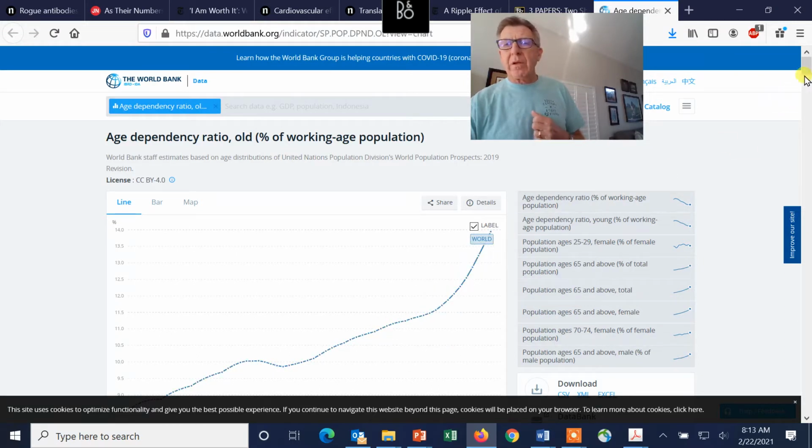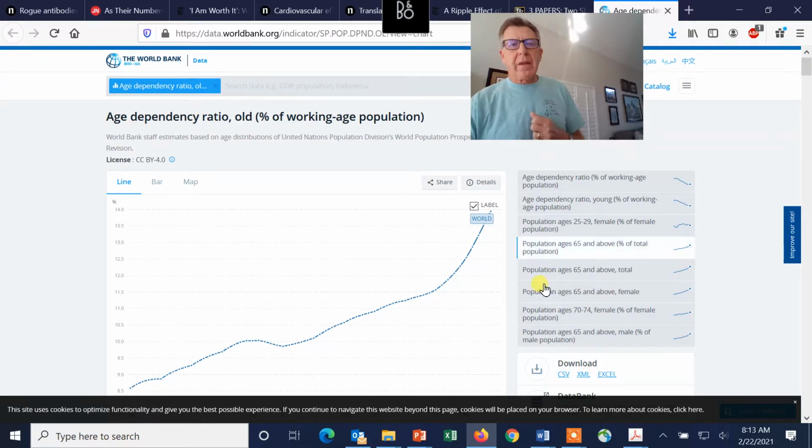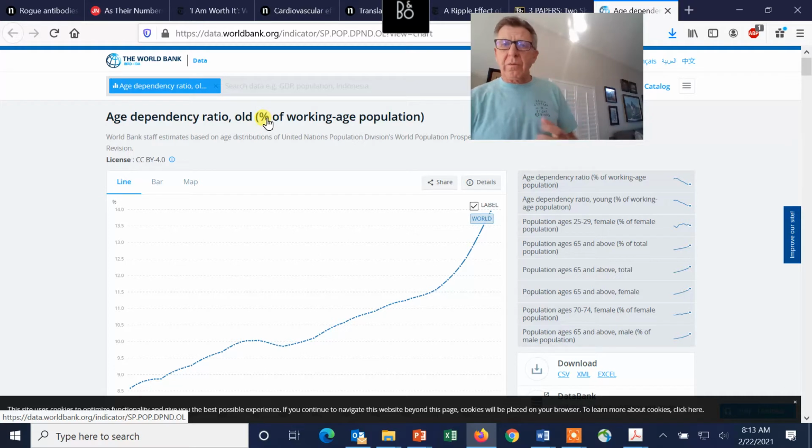And if, again, people ask, what is age dependency? This is the age dependency ratio, old. What we do is just have a fraction, like we had in high school. The numerator is the number of old people, and the denominator, the number on the bottom, is the number of people of working age.